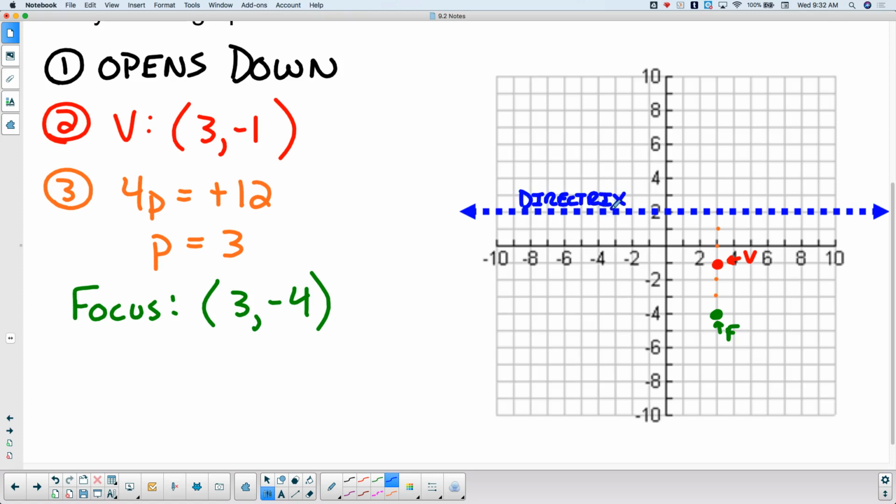What is the equation of my directrix? X is our vertical line. Y equals 2.